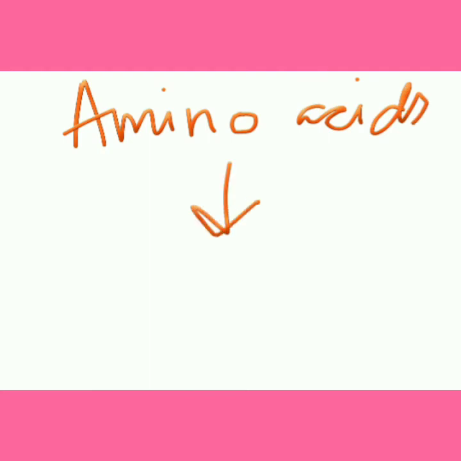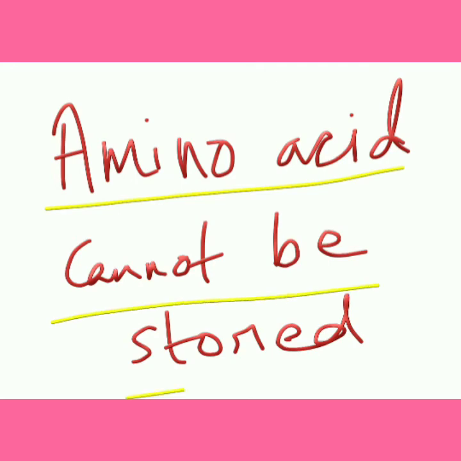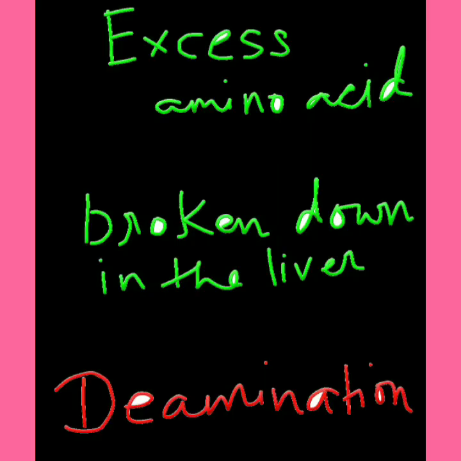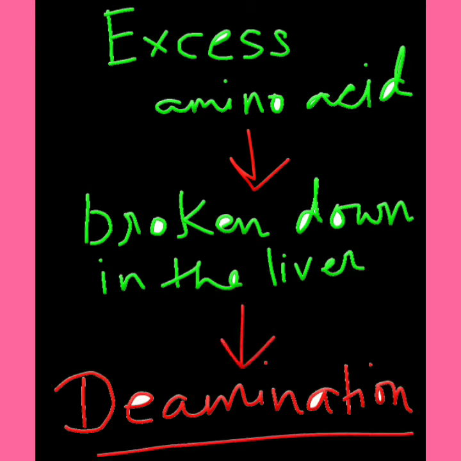The amino acids circulate in the body and they serve as building blocks of protein. The amino acids cannot be stored. Any excess amino acids are broken down in the liver by a process called deamination.